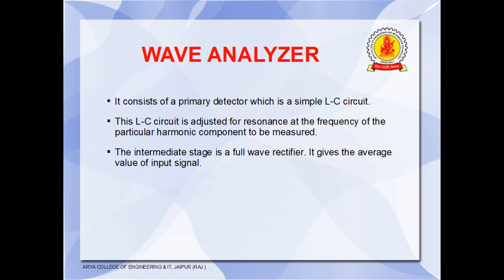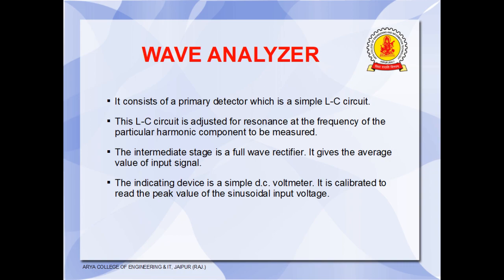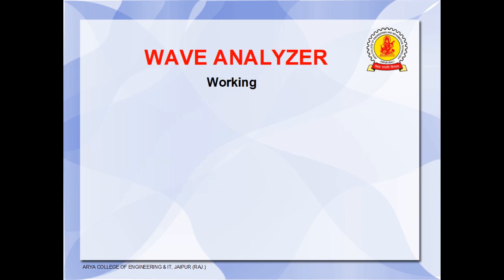It is an intermediate stage of the basic wave analyzer and it obtains the average value of the input signal. The third one is the indicating device. The indicating device is a simple DC voltmeter that is calibrated to read the peak value of the sinusoidal input voltage. The LC circuit is tuned to a single frequency of the input signal and rejects all other frequencies.